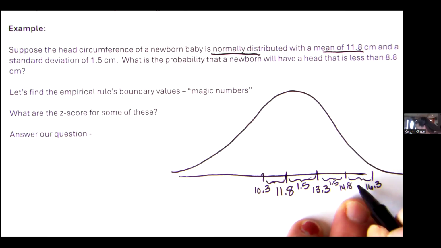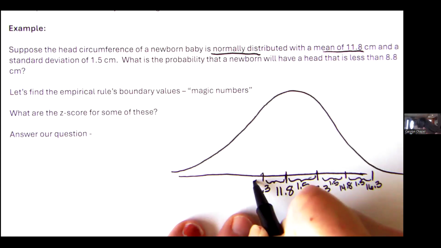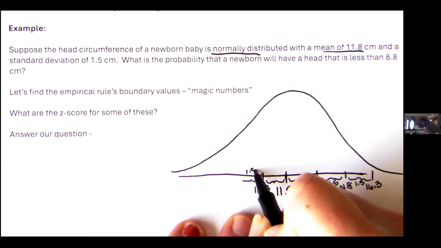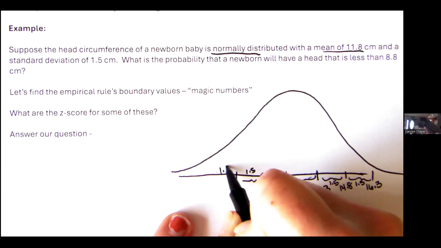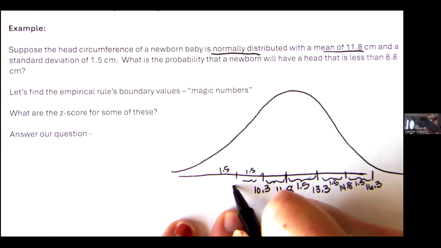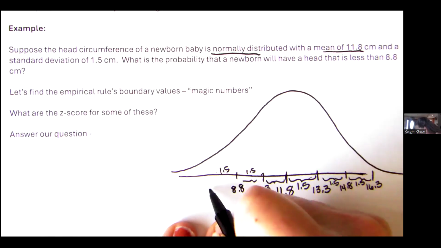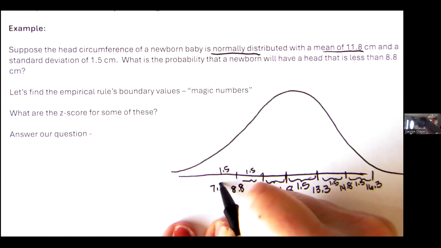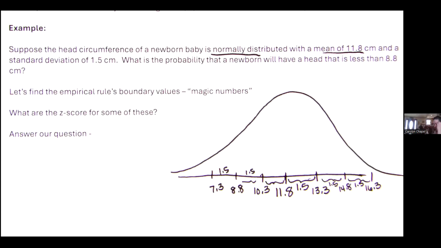So I'm adding 1.5 each time. I'm going to subtract 1.5 each time to get my -1, my -2, and my -3. So that would be 7.3 right there.